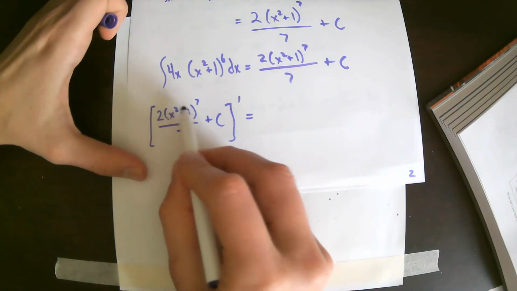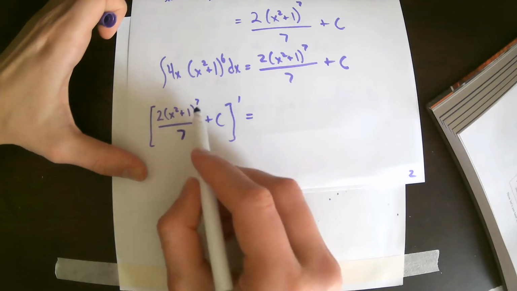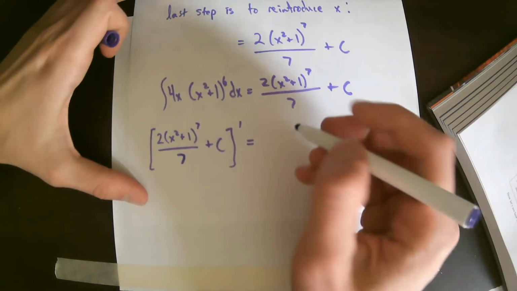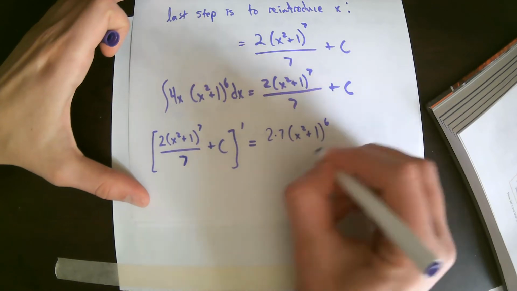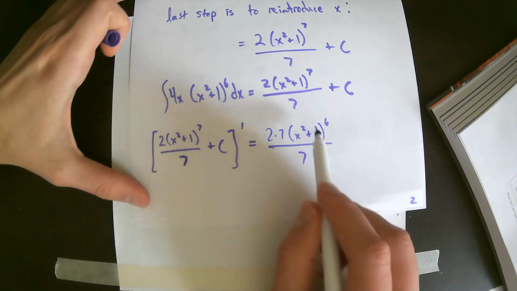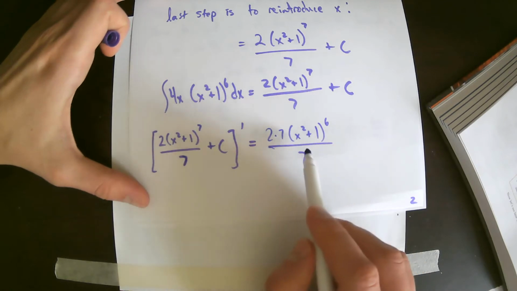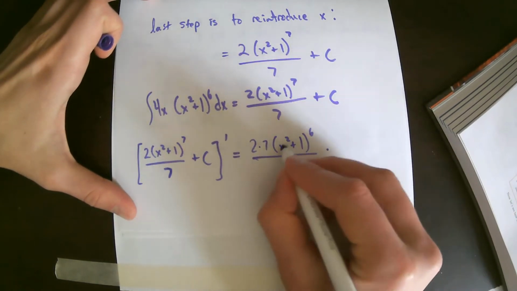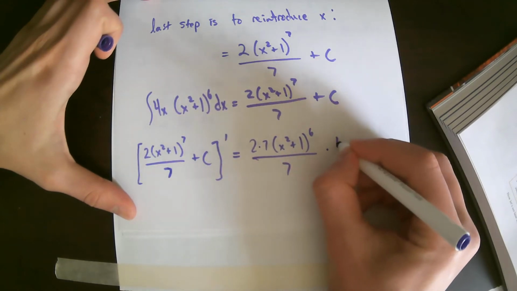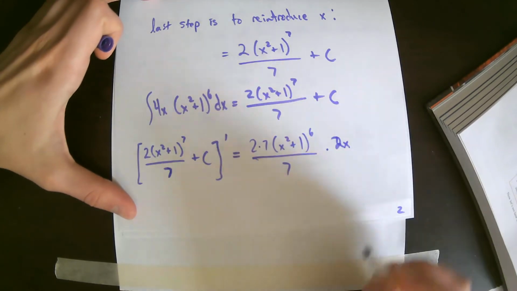Okay, derivative of this outer function with respect to the inner, that means I'm going to take this 7, drop it down, so I'll have 2 times 7, and then x squared plus 1 raised to the 6th all over 7. That's the derivative of the outer with respect to the inner. Then times the derivative of the inner, which will just be 2x.